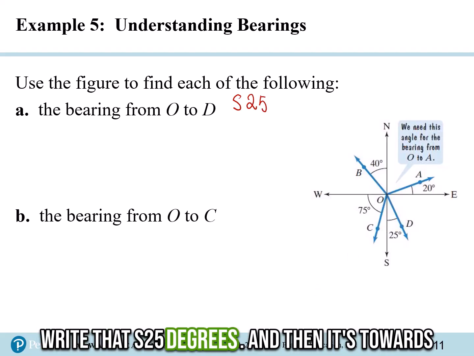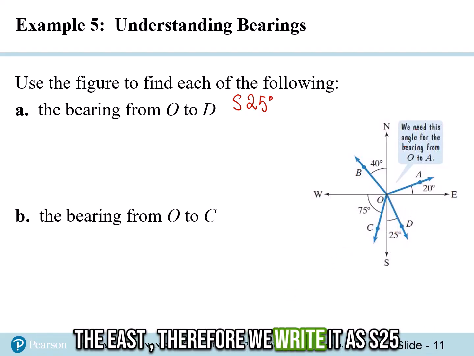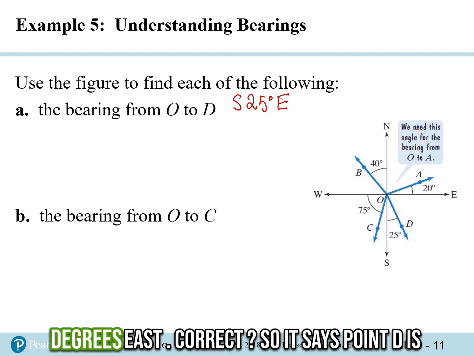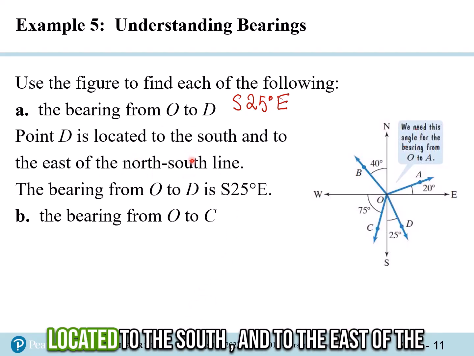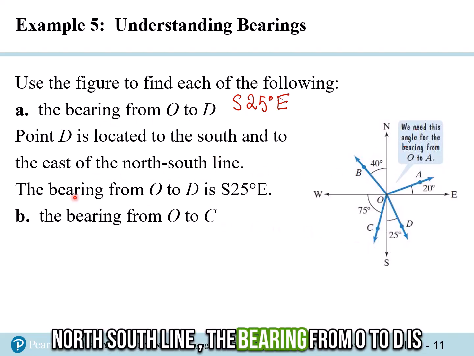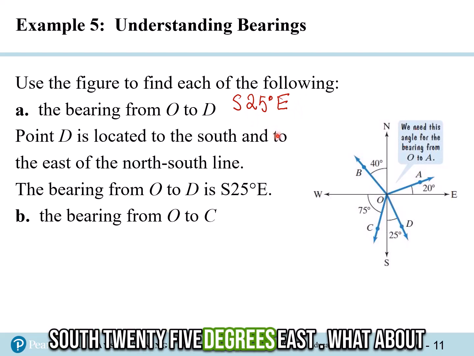S 25 degrees, and then it's towards the east. Therefore, we write it as S 25 degrees east, correct? So it says point D is located to the south and to the east of the north-south line. The bearing from O to D is south 25 degrees east.